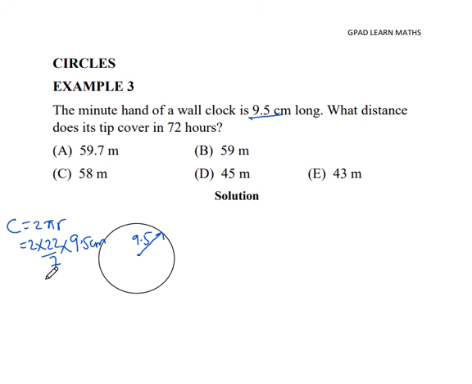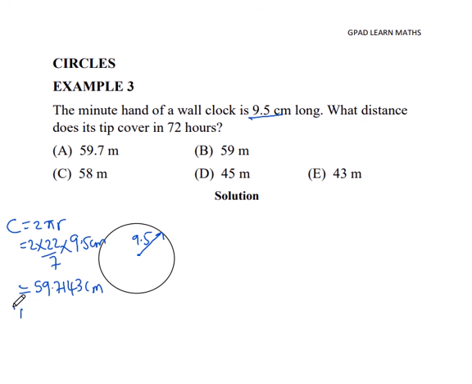If you multiply the numerator and divide by 7, you will get 59.7143 centimeters. This is the circumference of the clock, and this is the distance the minute hand would cover in 1 hour.